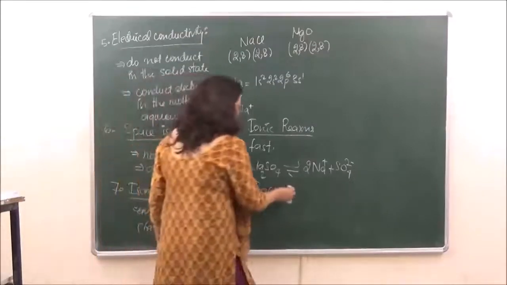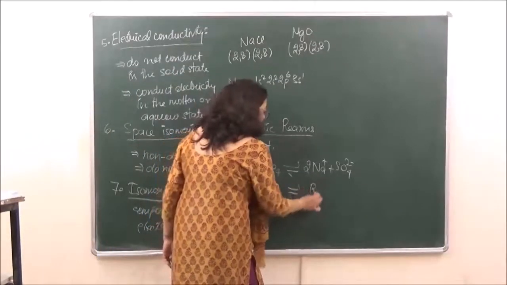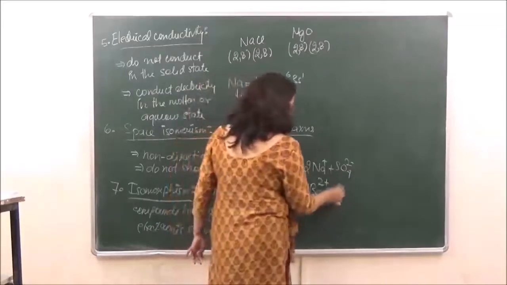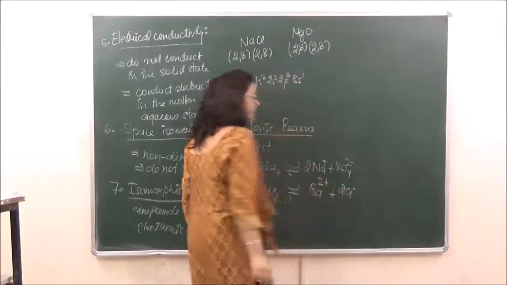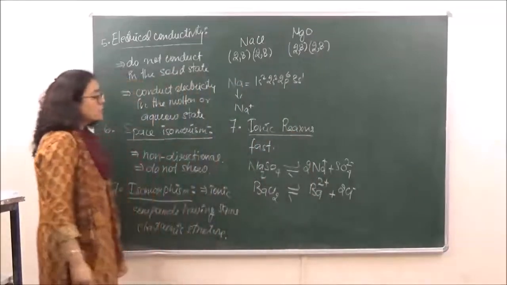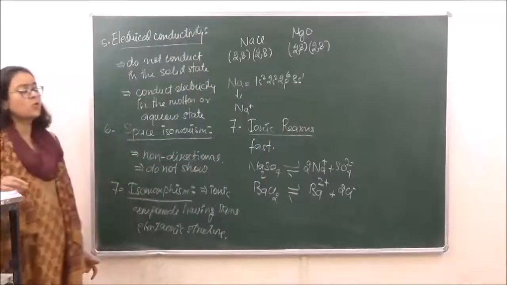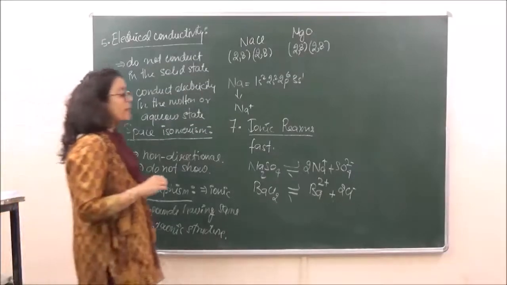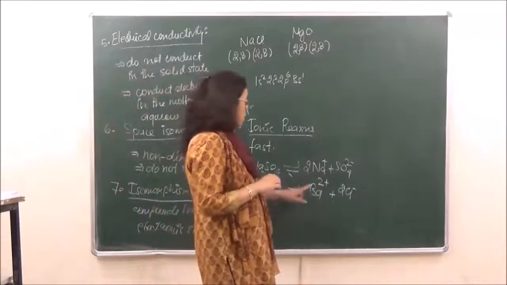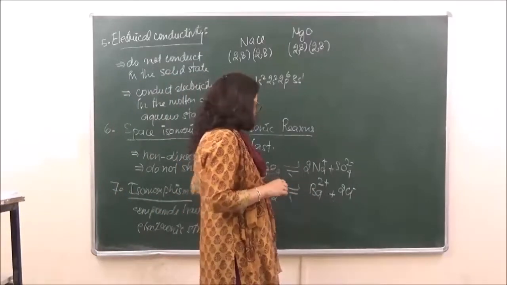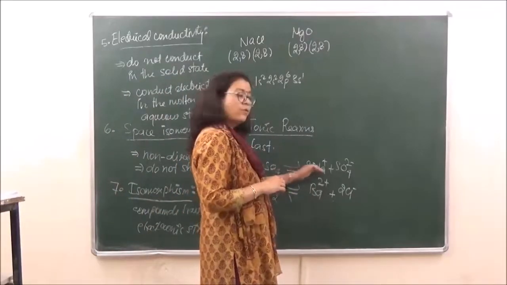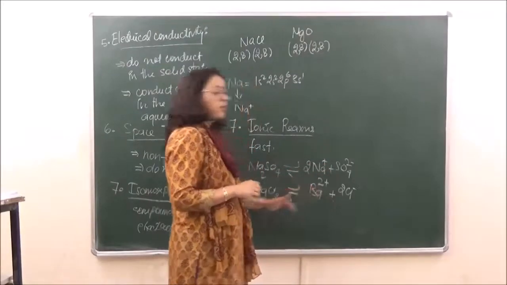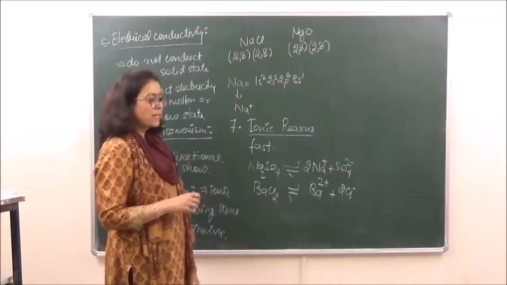Barium chloride is going to give us Ba2 positive plus Cl negative. Now as soon as we mix these two ionic compounds, a white precipitate of barium sulfate is obtained. Why? Because as soon as they go in solution, they give us sodium and sulfate ions, and Ba2 positive plus 2Cl negative.